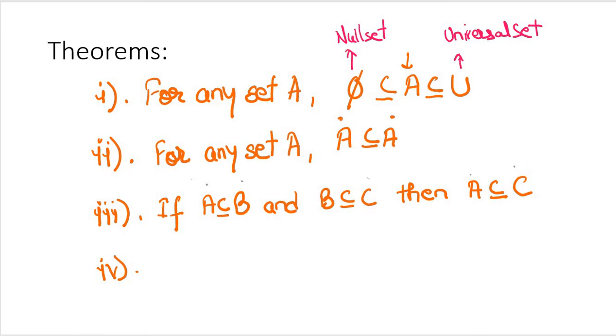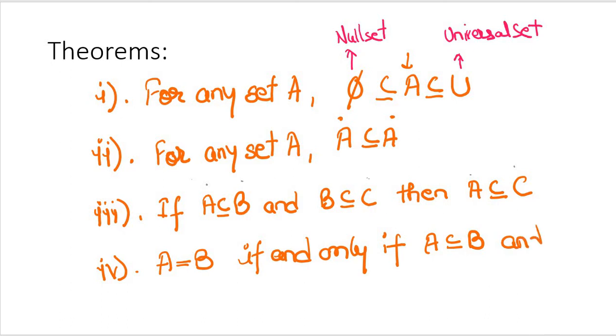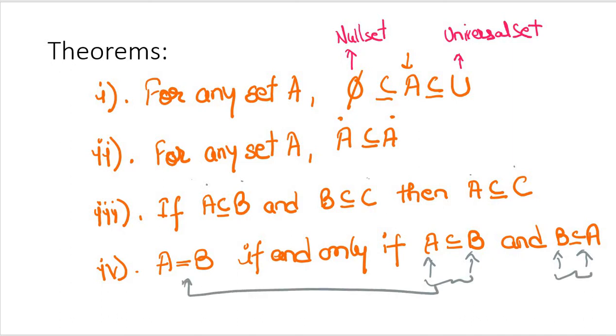Now the last one is that A is equal to B if and only if A is a subset of B and B is a subset of A. Right, in that case obviously A is going to have the contents of B, and B is going to have the contents of A. So from this and this, what we get is that A is equal to B. These are some very simple theorems, right?